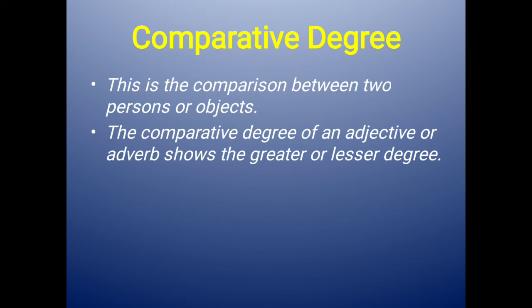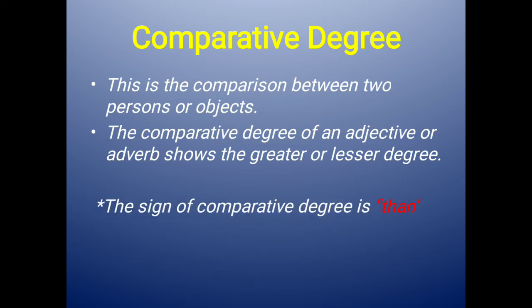And how to recognize the comparative degree? Let's see. With the help of the word than, T-H-A-N, the pronunciation of this word is than. With this particular word, you can easily identify the comparative degree, right?